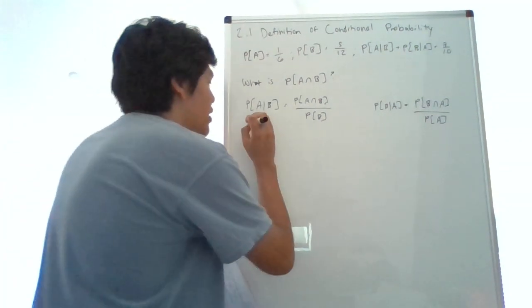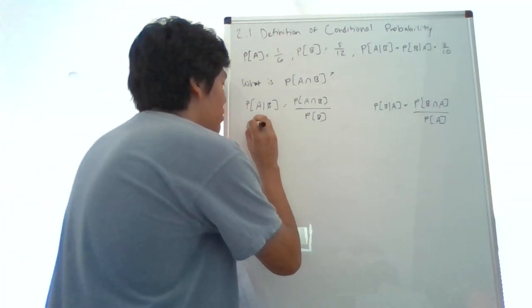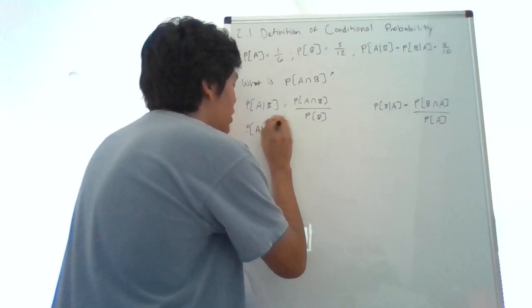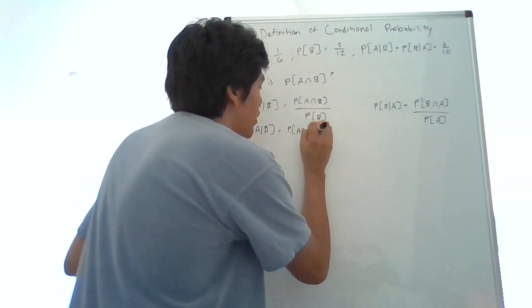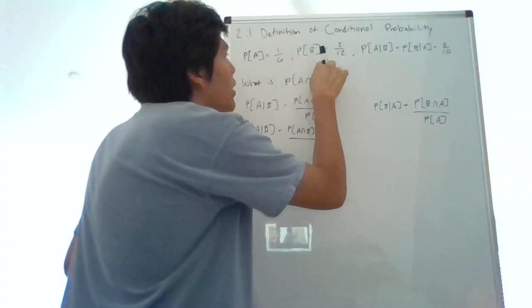So we have that the probability of A given B is equal to the probability of A intersect B over 5 over 12.